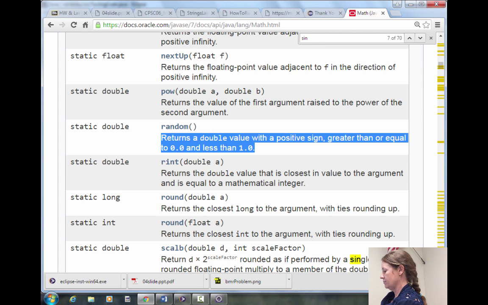What if I multiply this number by 10? Now, if I multiply any decimal number by 10, what does that do? It moves the decimal place over 1. So what if I multiplied it by 10 and then I got rid of all the decimals? I move the decimal place over 1 so that I have 1 digit on the left of the decimal place, and then I get rid of all the rest of the decimals.